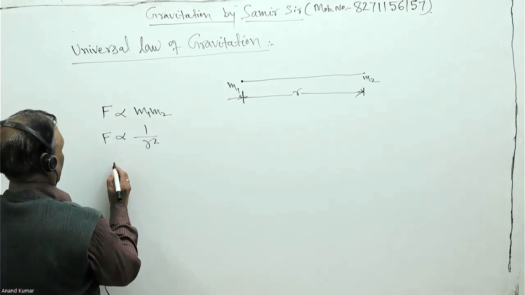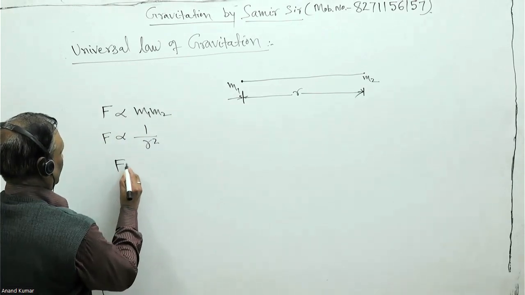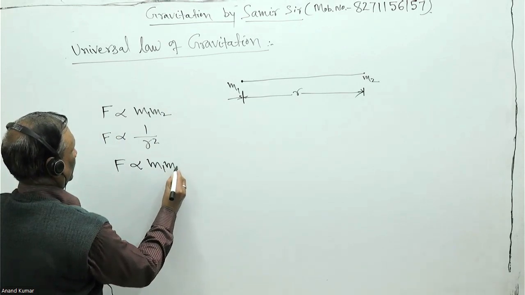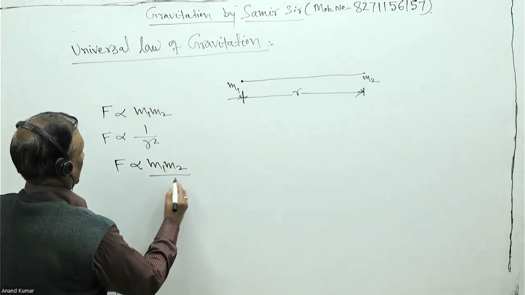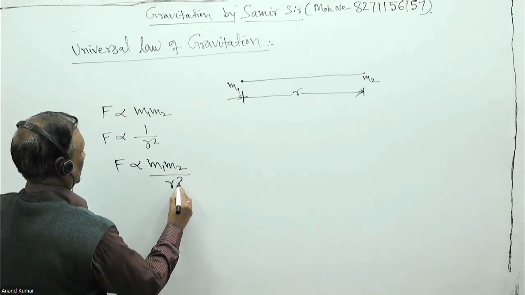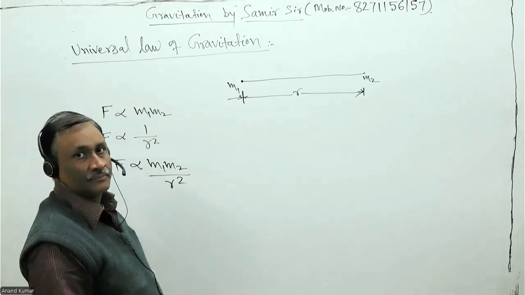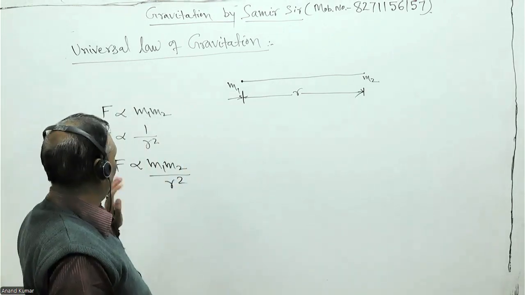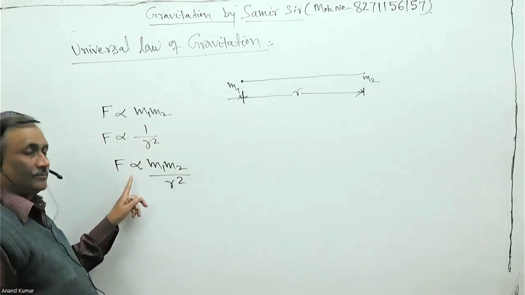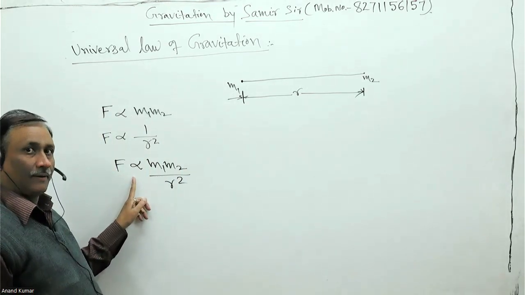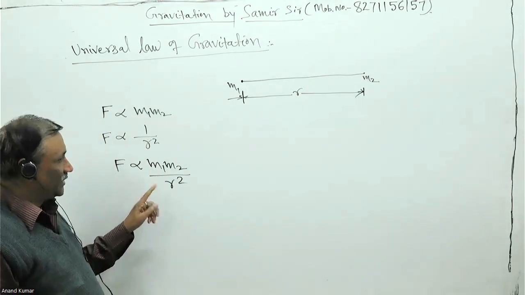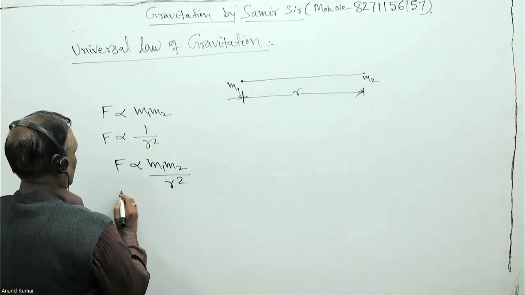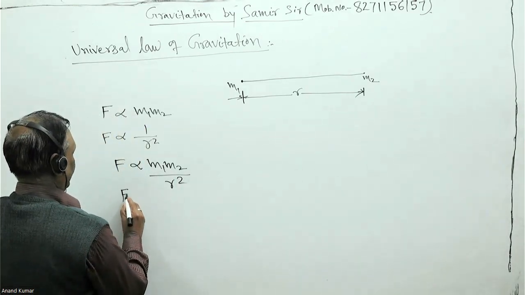Then we can write that F is proportional to m1 m2 by r square. Now we have to change this proportionality into an equation.